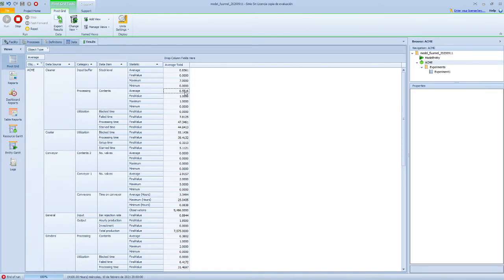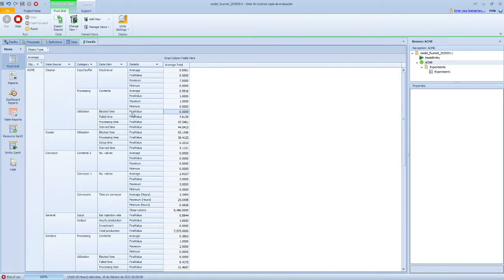If we had something very close to 1, that would mean that we are having that cleaner pretty much working all the time, or working or blocked, which is not the case because the cleaning stage is the last one of our system. But we have extra information about the utilization rates, so we can see for how long, or which percentage of the time, the cleaner has been blocked.